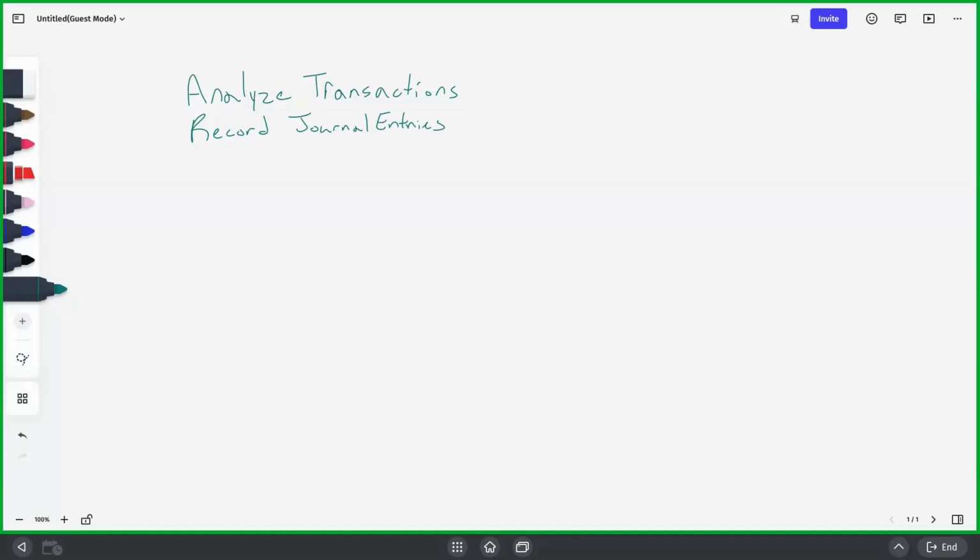Post to ledger. And prepare the unadjusted trial balance. You will need to know these in order as well.